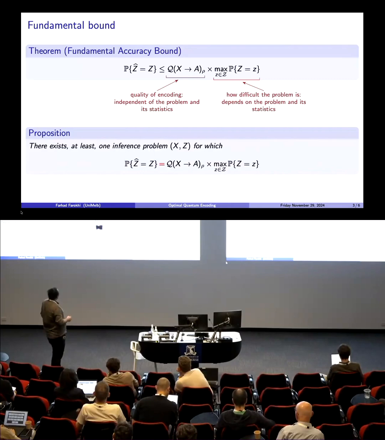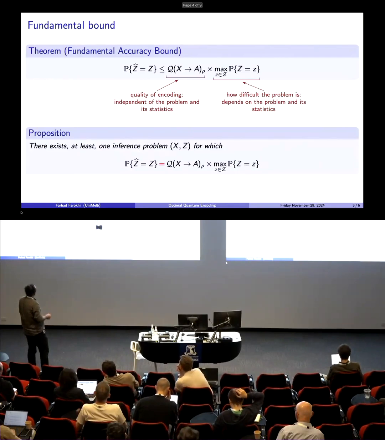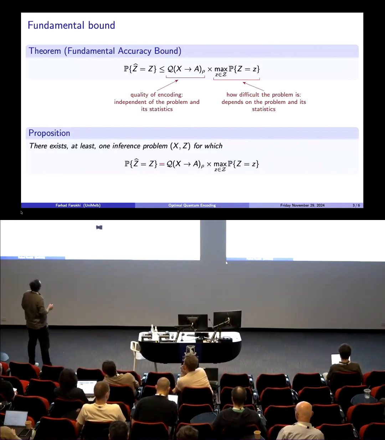Because this is possible, if you want to try to come up with an encoding here to construct a state that is universal, that's not thinking about the underlying statistical problems that you want to solve, then it might be useful to think about maximizing this upper bound and seeing what its behavior is. Because first of all, for a lot of problems, this upper bound might be a good measure of how accurate you are. At least it gives you an upper bound of how accurate you are. If this upper bound is very small, then you know that your accuracy is not going to get anywhere nice.